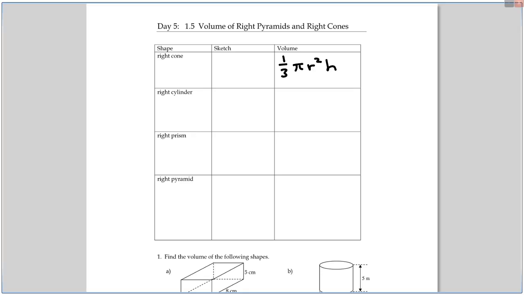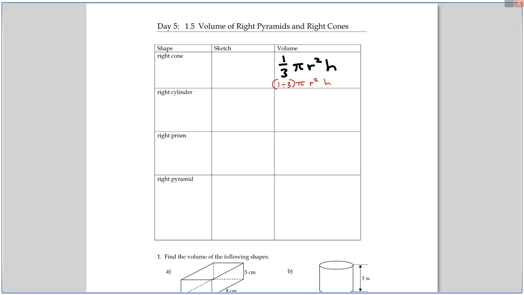The 1/3 in the calculator, you can enter that like this: 1 divide 3 in a bracket. That's how you can put it in the calculator. Okay? And then you'll have pi, that's the pi button obviously. And then your radius, that one's easy, we've seen this before. And you're going to times it by h.